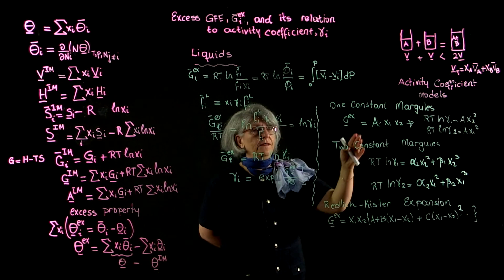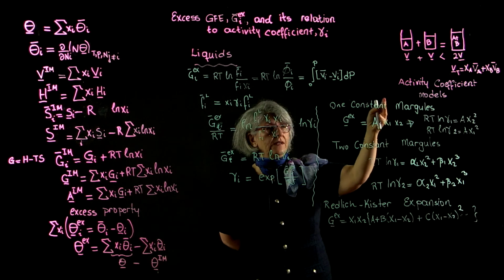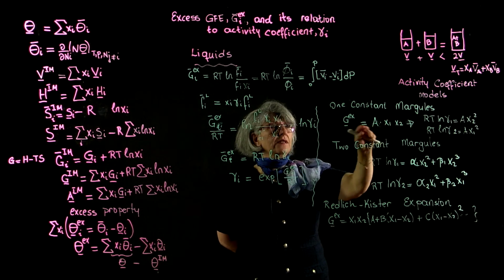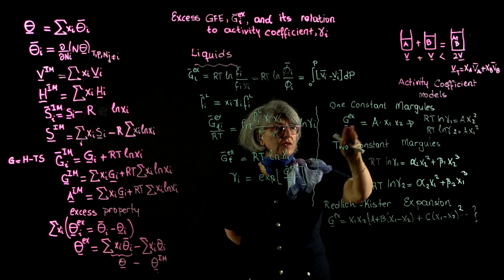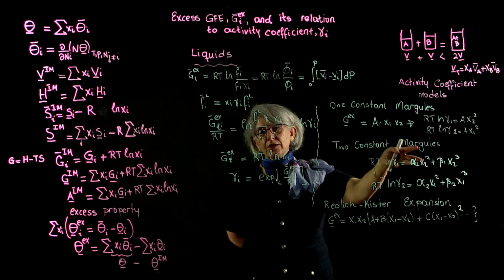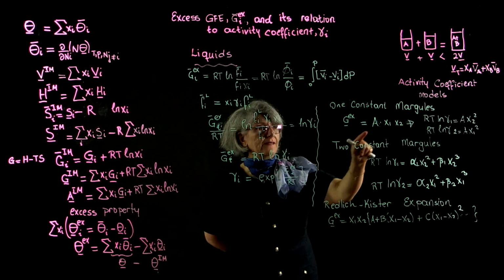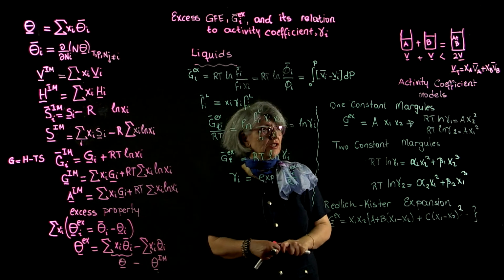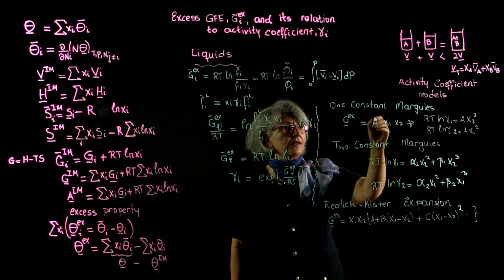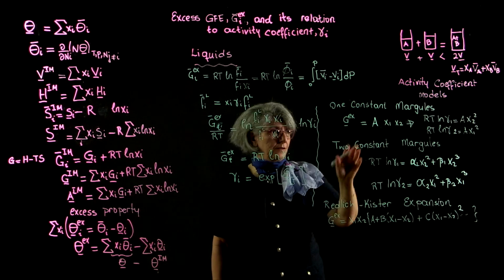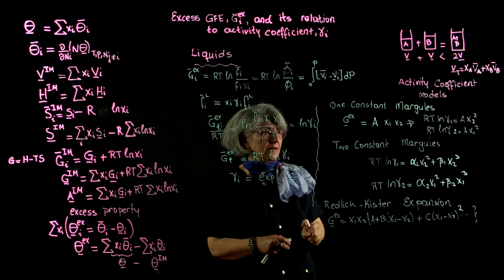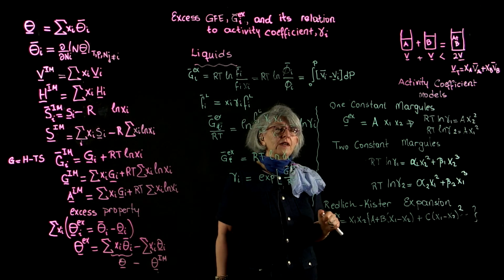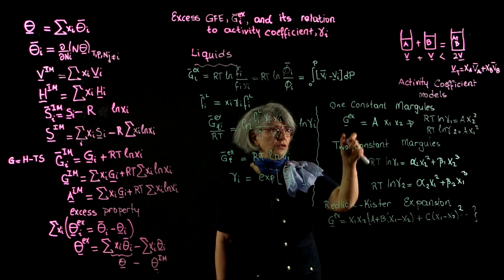I have written the two basic activity coefficient models, one constant Margules and two constant Margules expressions, on the board to have a little bit more smooth discussion of how we start and how we arrive at the models to begin with.